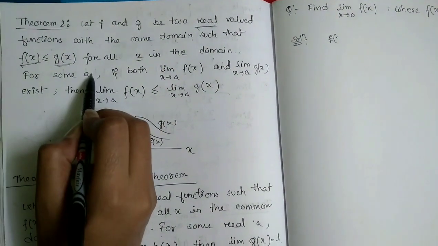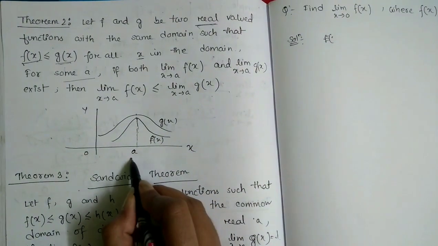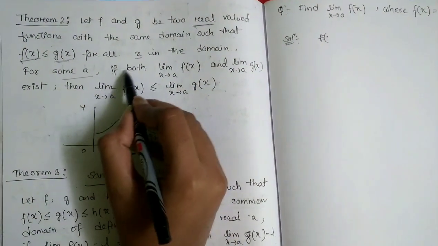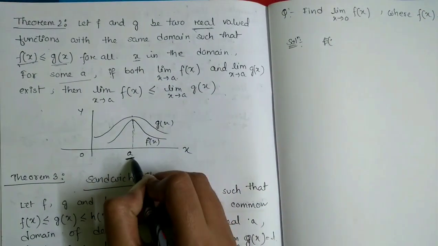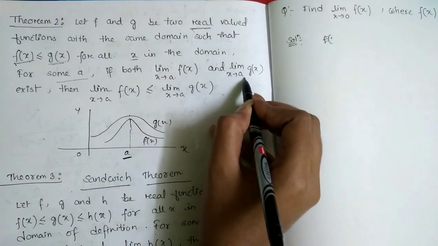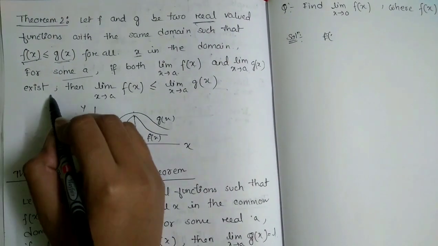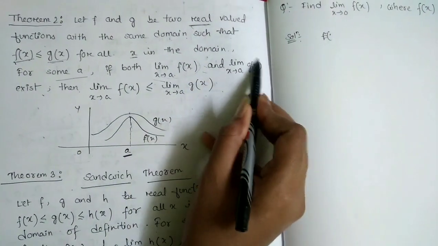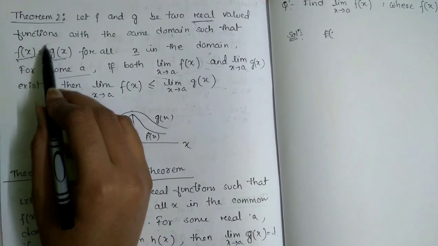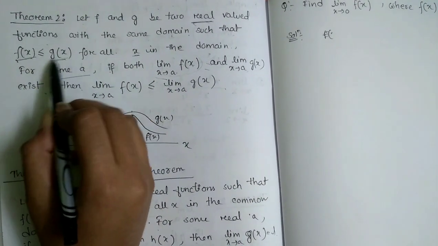Now for some value of a, if both limit x tends to a f of x and limit x tends to a g of x exist, then the limit of this is less than or equal to the limit of this. Why? f of x is less than or equal to g of x.